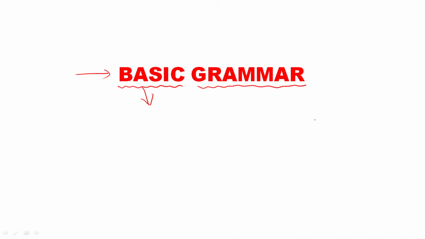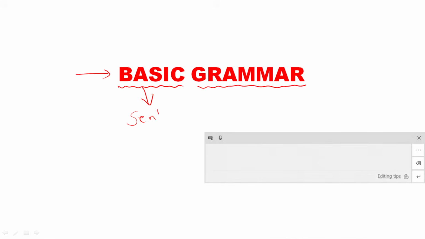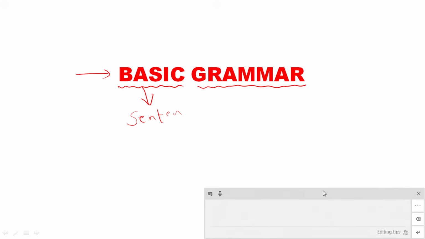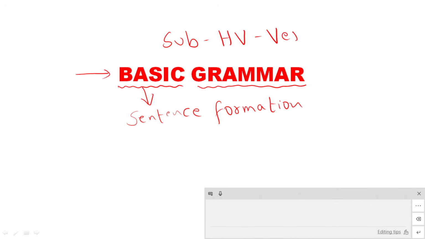rules of grammar. In one of our earlier sessions, we have very clearly discussed the process of sentence formation, correct? So, sentence formation is something very important, and sentence is formed, whatever sentence we talk about, only with the right usage of subject and the right usage of helping verb and the right usage of verb.